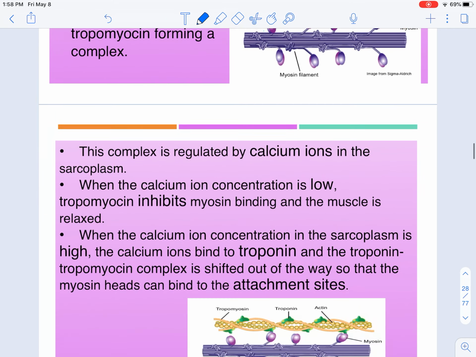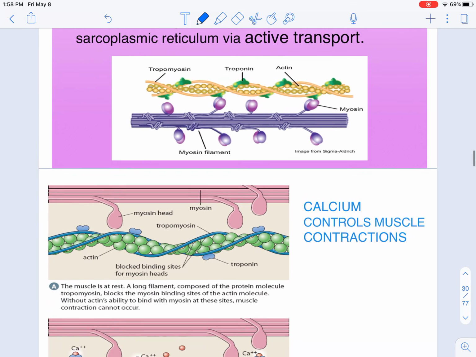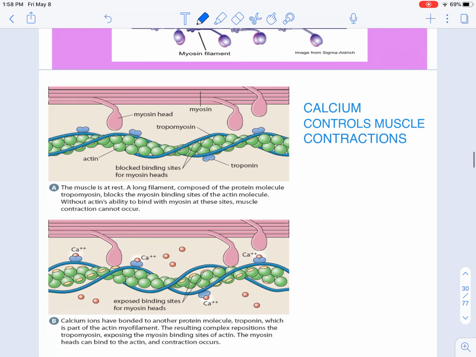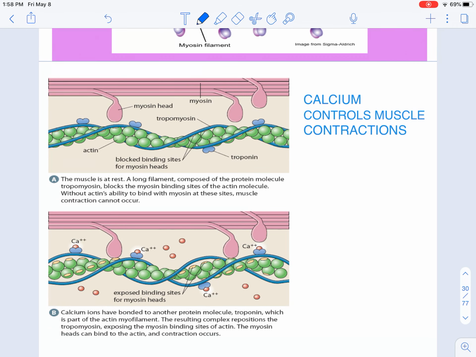Zooming in on some of the structures, I'm going to go over to this diagram because it's the one you've got in your notes. At rest, the actin here in green is wrapped around by, kind of reminds me of licorice, these ropes of tropomyosin, and that tropomyosin is covering all the binding spots.